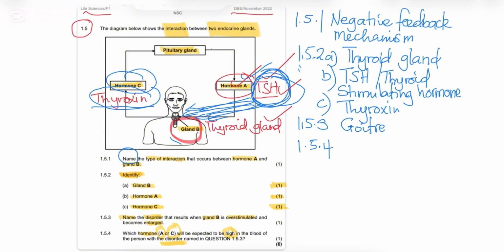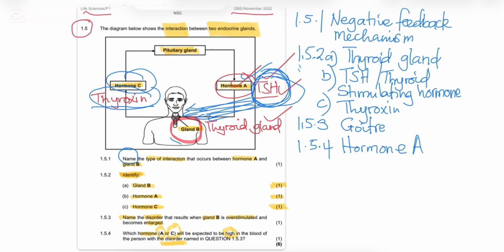From A and C, we're going to choose hormone A. Okay, so we're done answering the question here.